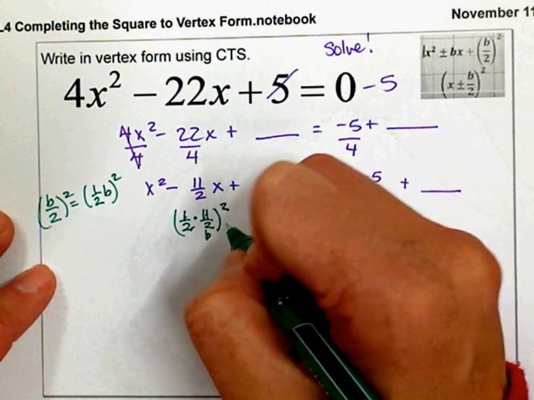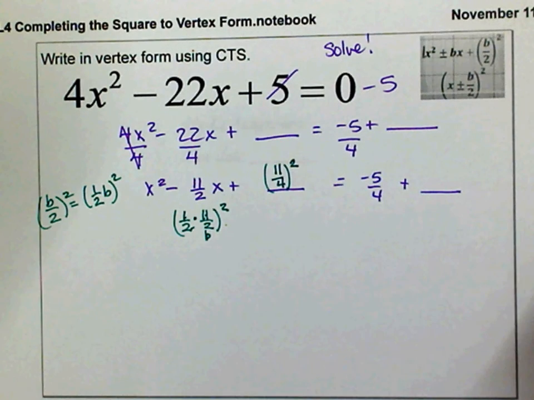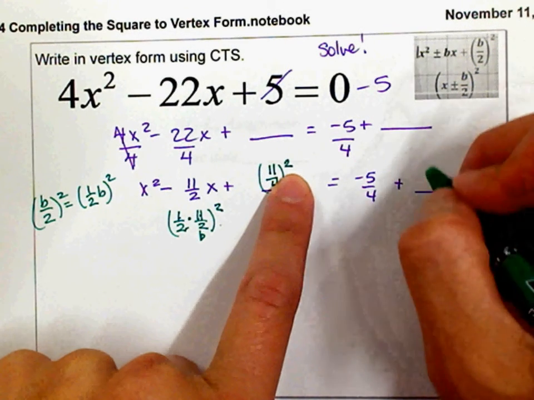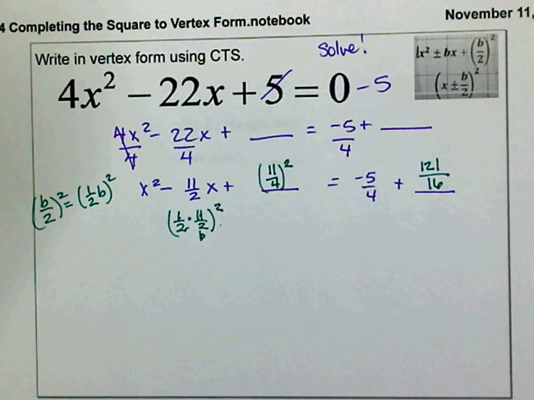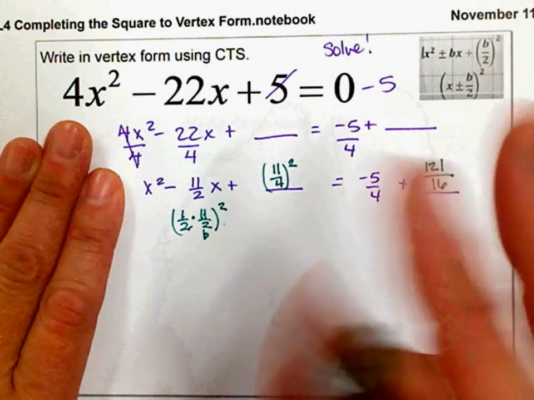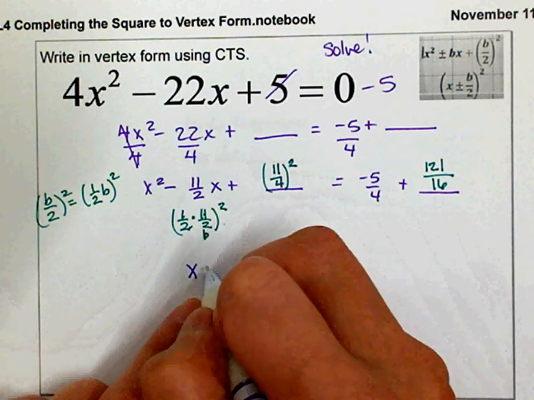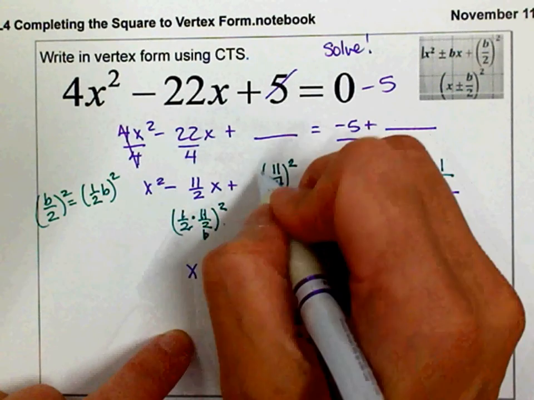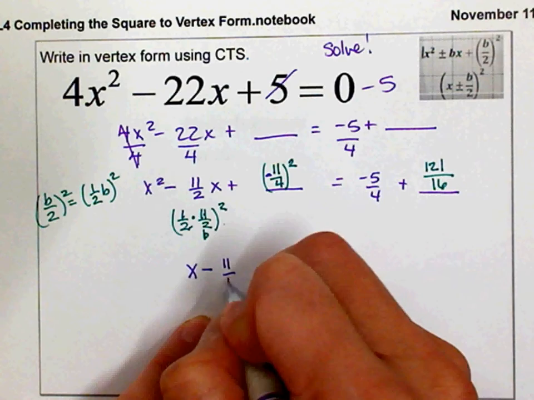See that? Okay. What you do to one side, you got to do to the other. What is 11 squared? 121. What is 4 squared? 16. See how you just did that? Okay? All right. Like you did in the past, write this in factor form. So now you have x, okay, minus, keep your sign, this should have been negative 11, doesn't matter, when you square it's always a positive, over 4 squared, see how we just did that, equal, see the equal?